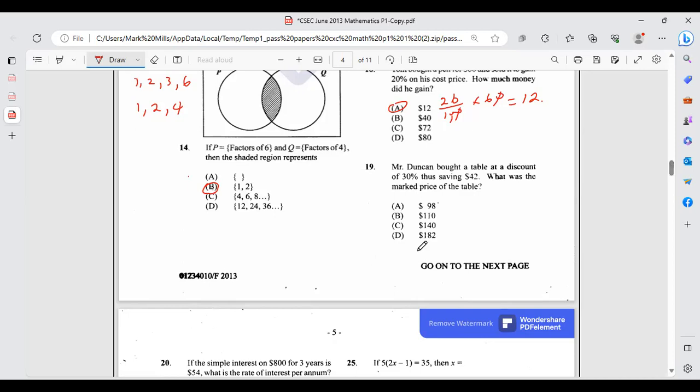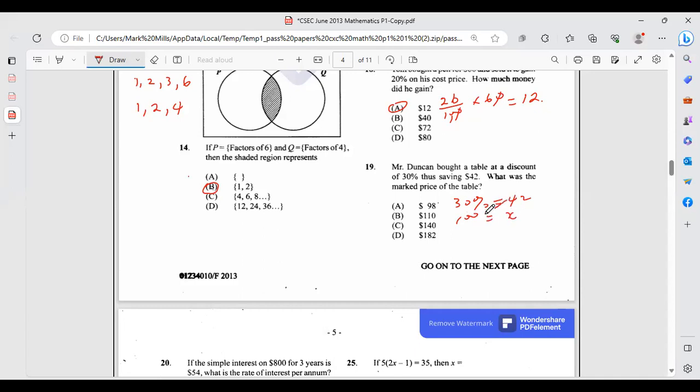So what will be the original price of the item in terms of percentage? 100%. So you can say that 30% will give me $42. Therefore, 100% will give me x.